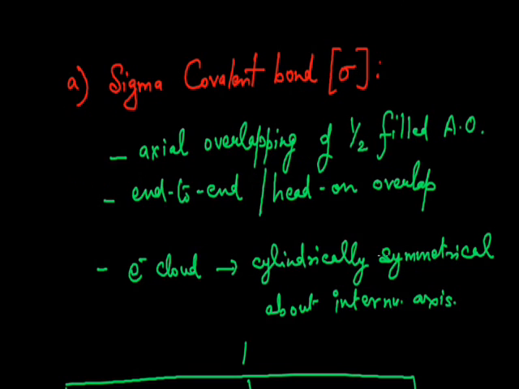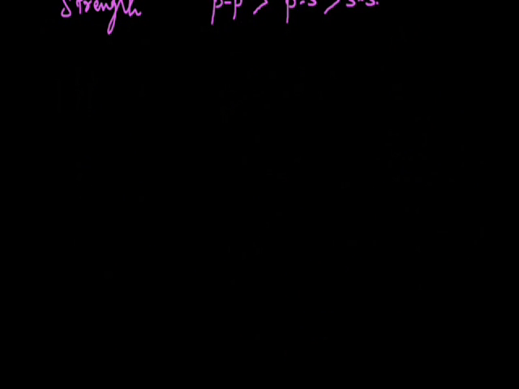Another type of bond that is formed is pi bond, represented by this symbol. Now when is this bond formed?